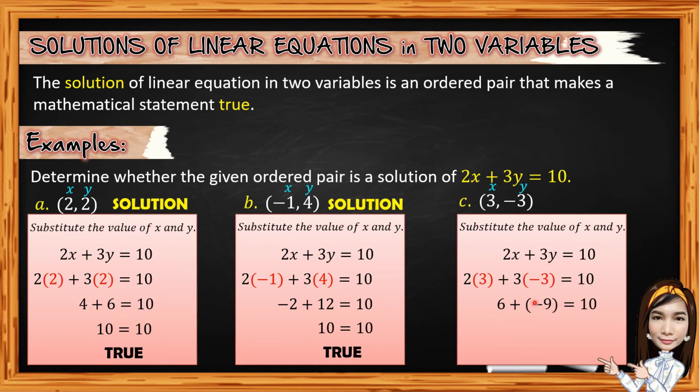Then if you're going to add different or unlike signs, we are going to subtract, then follow the sign of the larger absolute value, which is -9. So 9 minus 6 is 3, then follow the sign of the larger absolute value, which is negative. So we have -3 equals 10. Now as you can see, -3 is not equal to 10. So -3 equals 10 is considered a false statement. Therefore, the ordered pair (3, -3) is not a solution of the given equation 2x plus 3y equals 10.